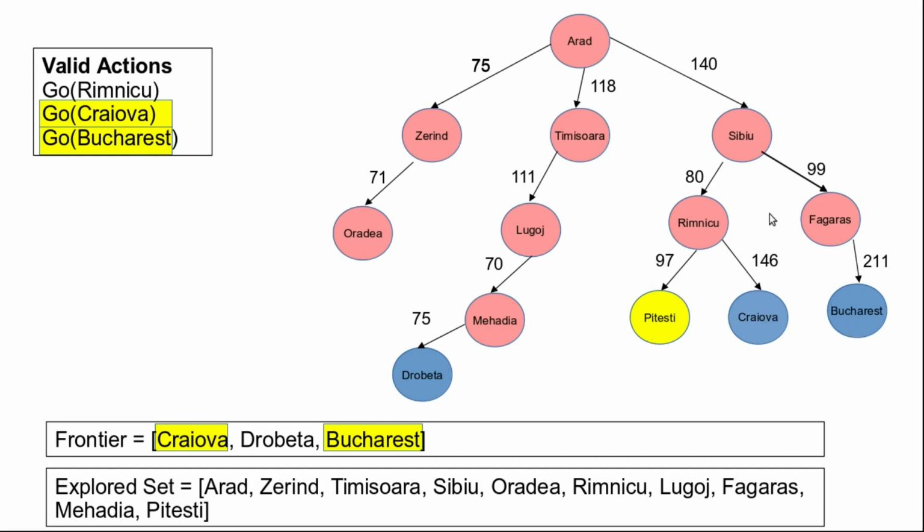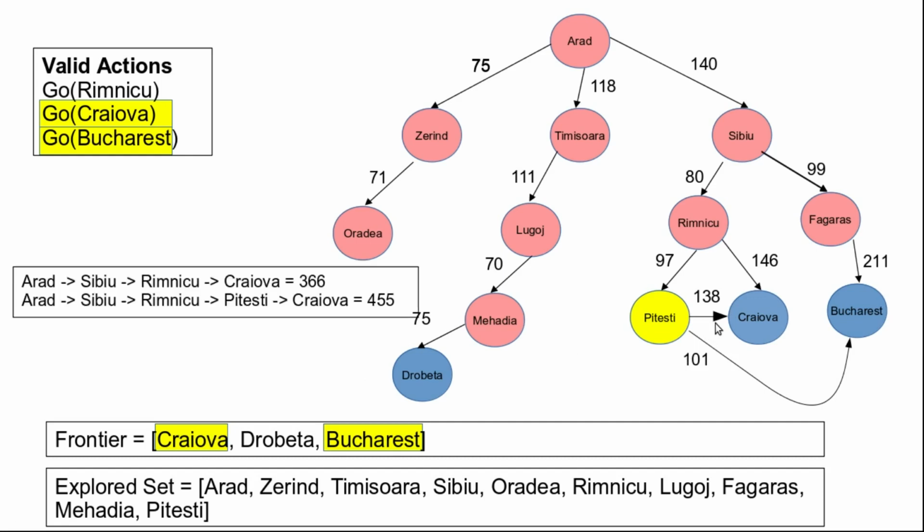But we have to consider the new path that we are exploring. So we have a new path from Pitești to Craiova, and we also have a new path from Pitești to Bucharest, with step costs 138 and 101 respectively. So now we have to consider these new paths also.